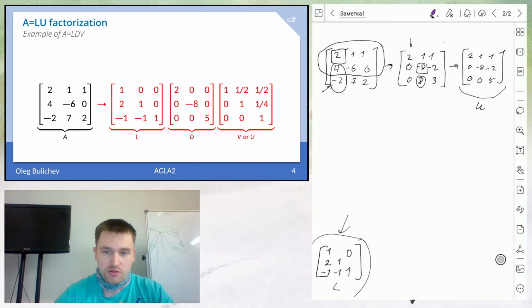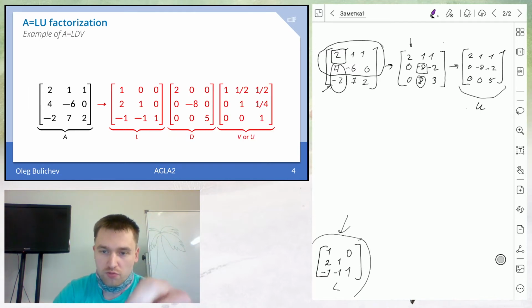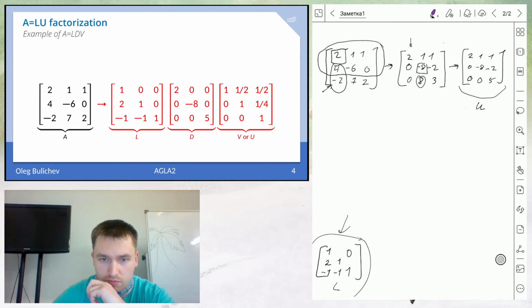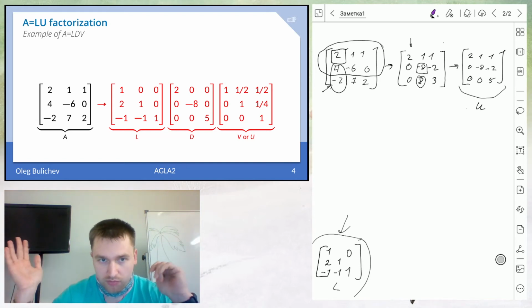The difference from the previous one is that our U matrix, or V in some cases, is now upper triangular with ones on the main diagonal. That's it. For this purpose we need to make a diagonal matrix in the middle and change the coefficients. I don't know where it can be applicable right now, but I just have to mention this. That's it.